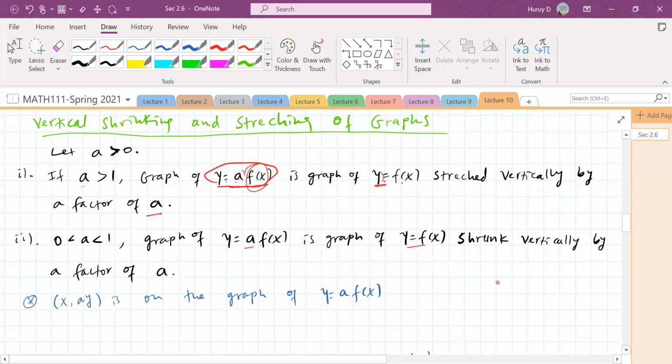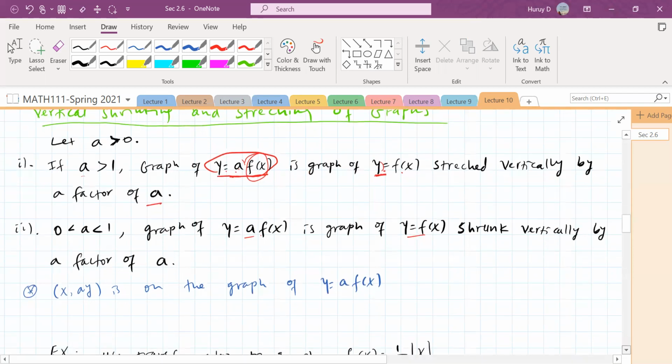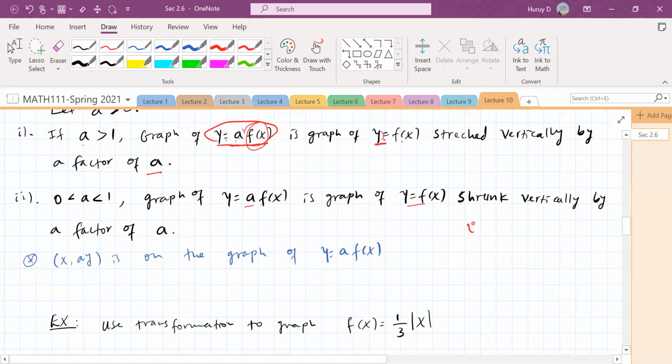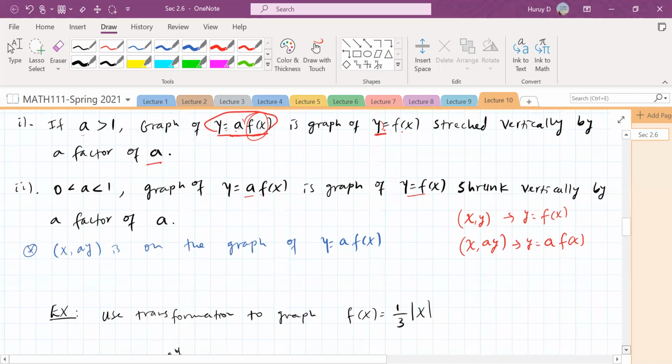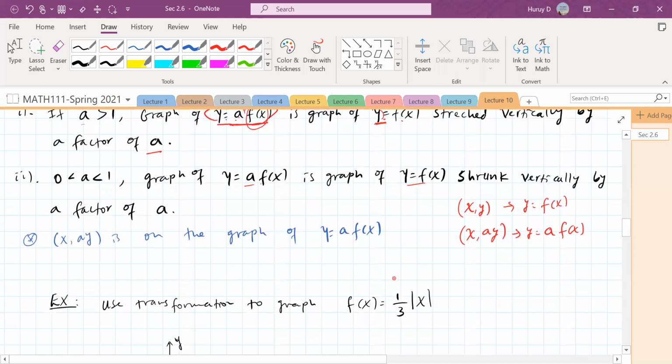Therefore, the new coordinates, or the new points, let's say if the point (x, y) is on the graph of f of x, then (x, a times y) is on the new graph, or on the graph of a times f of x.